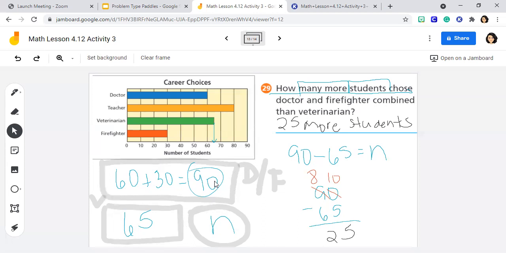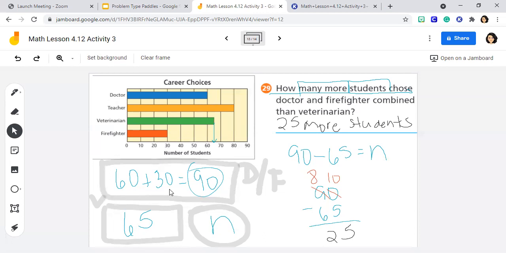You'll notice that in the one who has more, I actually wrote another equation. We had to figure out first, what is the combined total of doctor and firefighter? So doctor was 60, firefighter was 30. I was able to use mental math because we've practiced this quite a bit in my class.